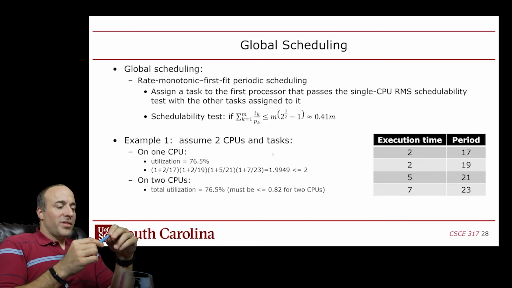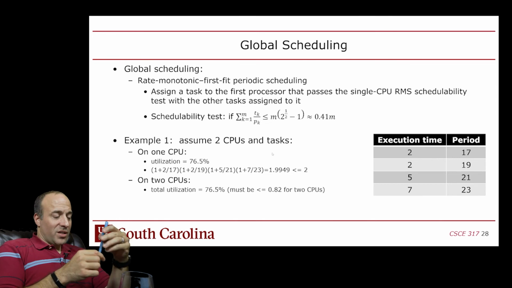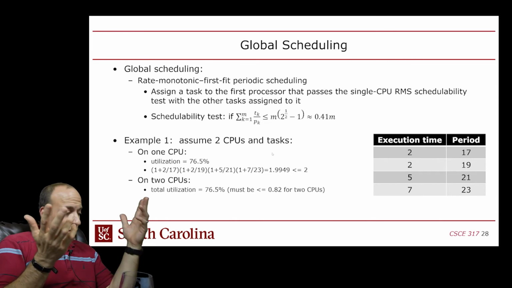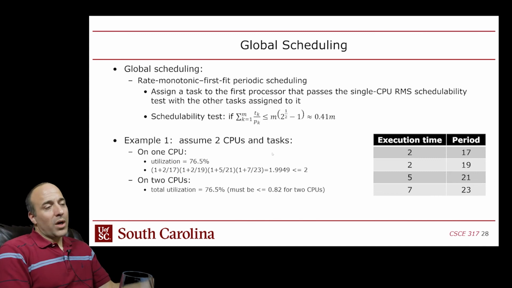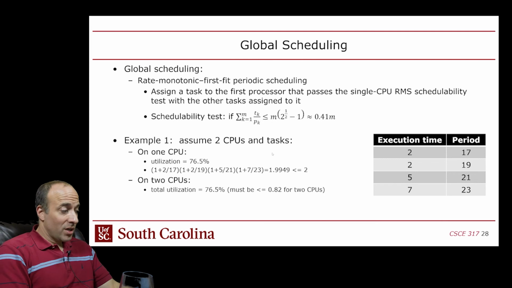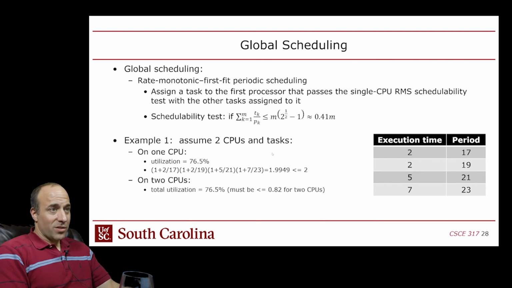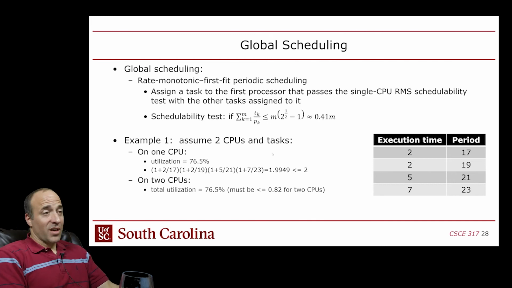Basically, this is a greedy algorithm where you take the tasks in any order that you want to process them in, and for each one, you assign it to a processor based on whether it meets the RMS test with the other tasks that have already been scheduled on that processor.